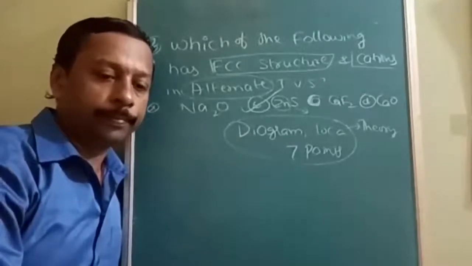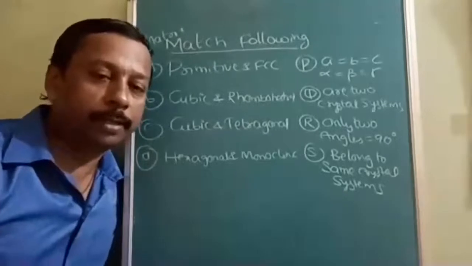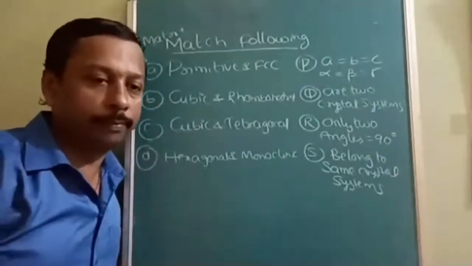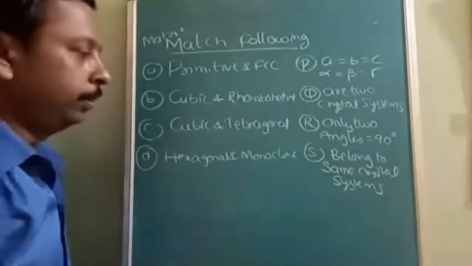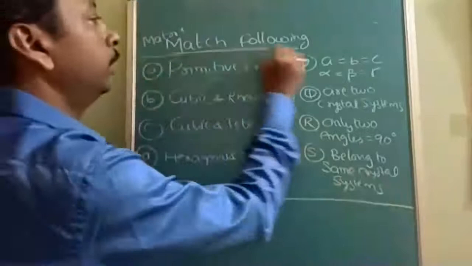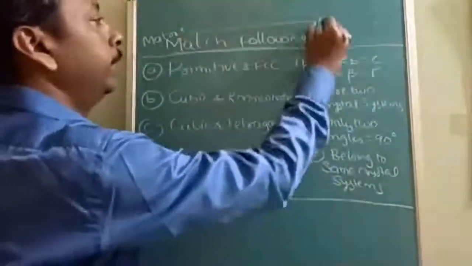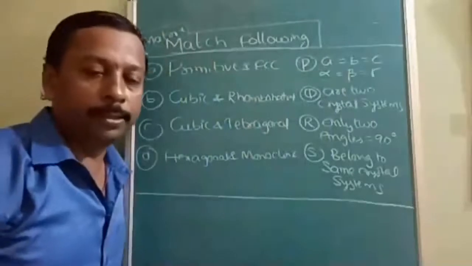Okay, here is the matrix match. One matrix match is equal to 6 to 7 fill in the blanks or single correct options. Okay, so don't think it is only for Advanced; it is for NEET, it is for Mains, it is for MHT CET.